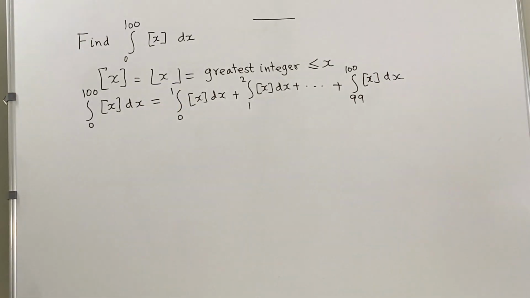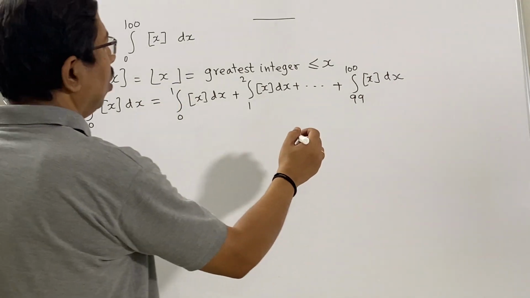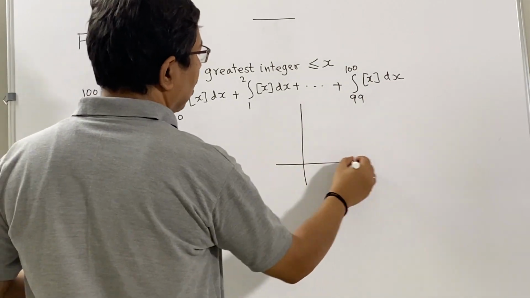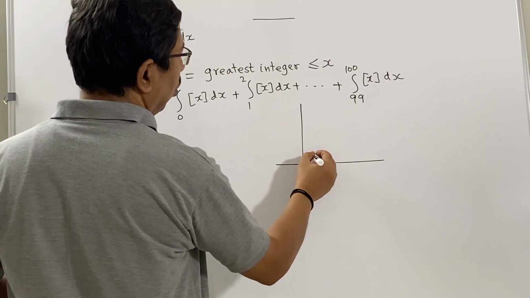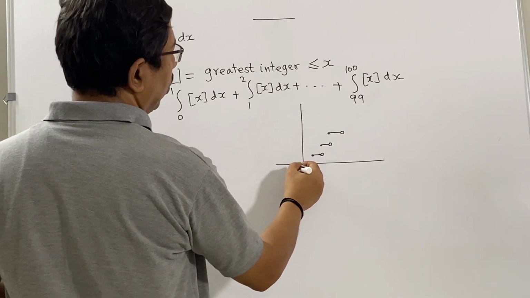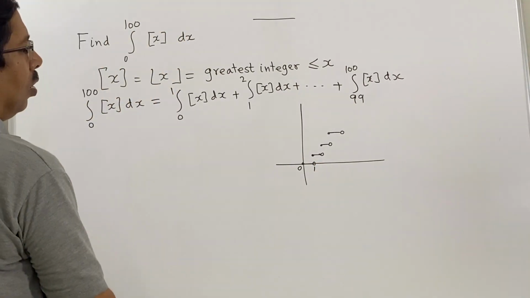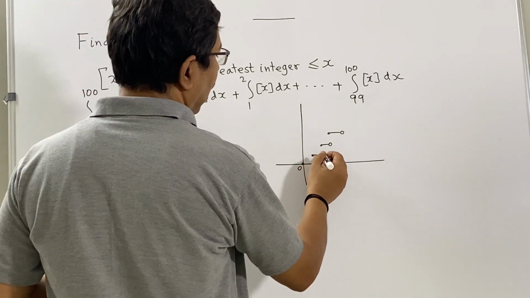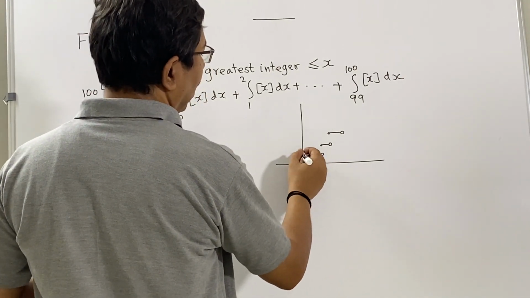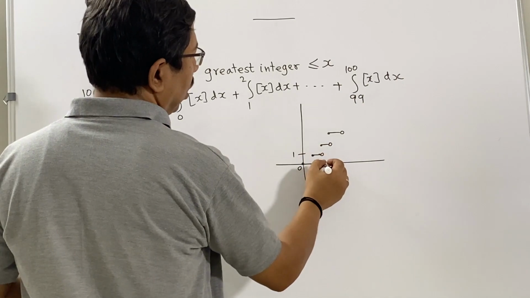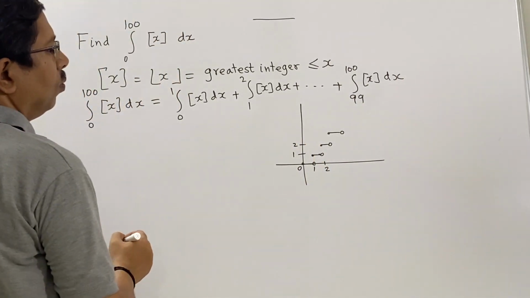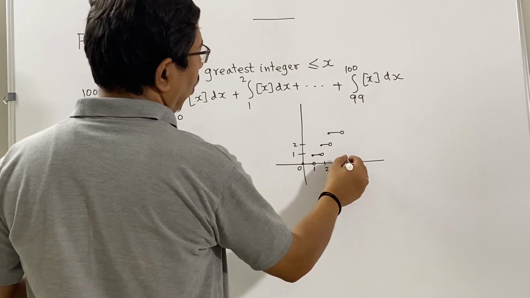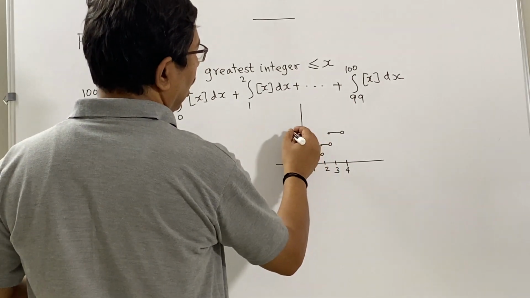So if you look at the graph of box x in this interval, between 0 and 1 it is 0, between 1 and 2 it takes the value 1, between 2 and 3 it takes the value 2, and between 3 and 4 it takes the value 3, and so on.